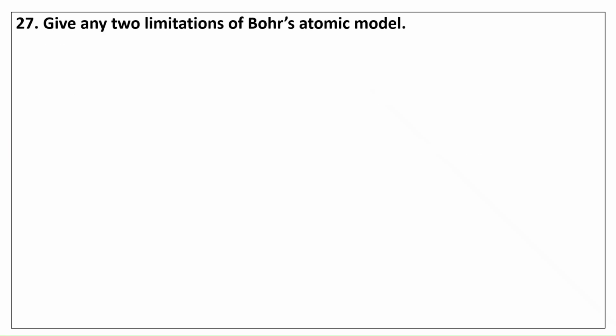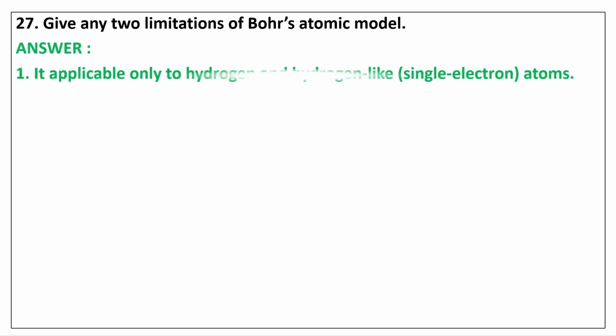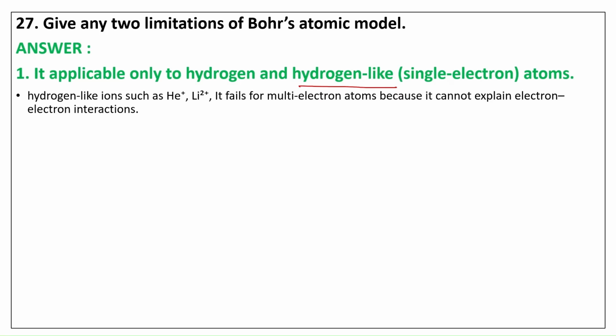Next. 27. Give any two limitations of Bohr's atomic model. Answer. 1. It is applicable only to hydrogen and hydrogen-like atoms, that is, those which have a single electron. Hydrogen-like ions such as helium+, lithium 2+.